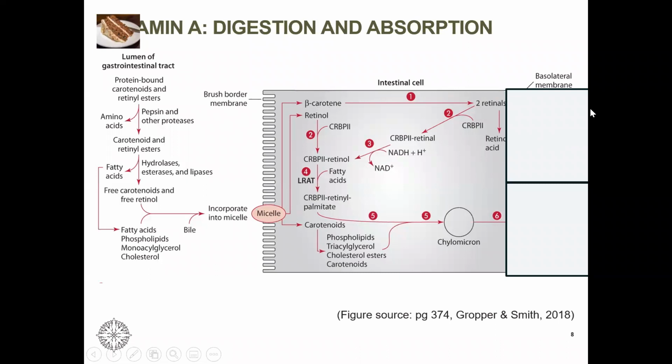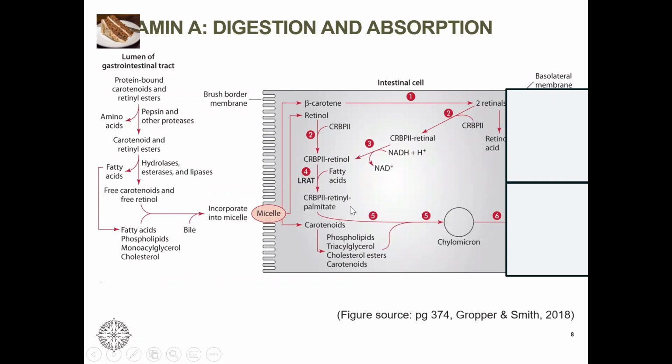But look, if I have got retinol, then we have these enzymes called cellular retinol binding proteins. What is happening is, again, the body is trying to convert it back to its natural form so that it can use it. So a fat group is getting attached here with the help of these enzymes, LRAT.